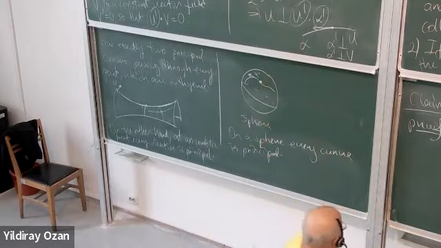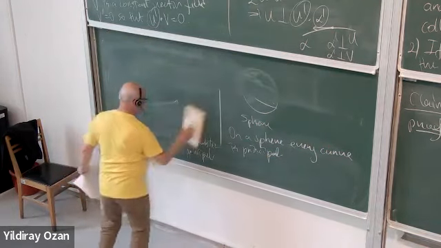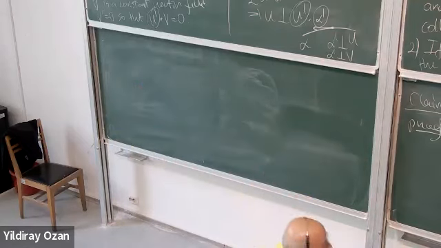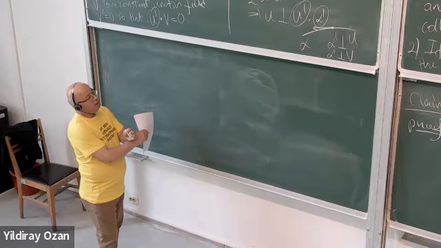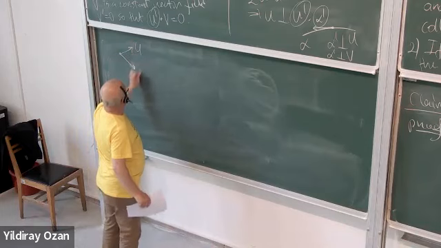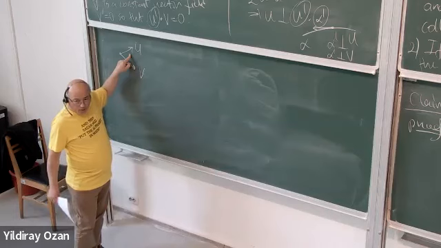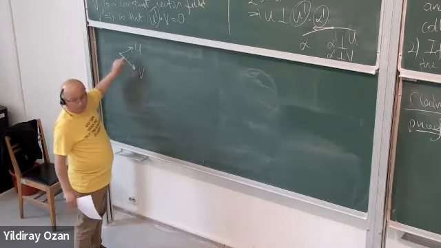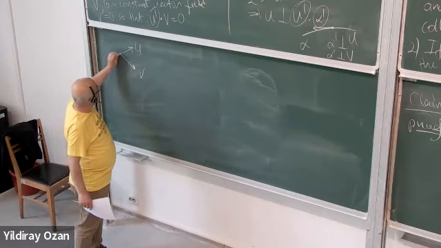So let me write that down. I have two vectors, U and V, and I have two other vectors which are perpendicular to both of them. It means they are perpendicular to the plane generated by these two vectors, but there is only one direction, right?